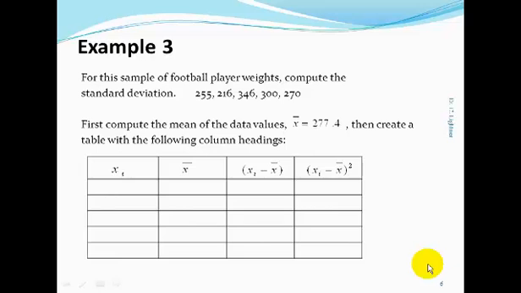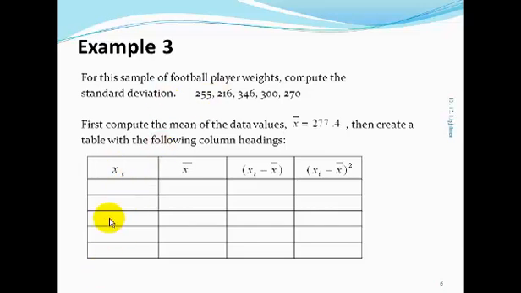Let's explore this example for our sample of 5 football player weights. In order to compute the variance and the standard deviation, you should begin by computing the mean of your data values. The mean of our data values, as computed previously, is 277.4. We should then set up a table with the following columns. The first column should be x i, and in that column we should place all of our data values.